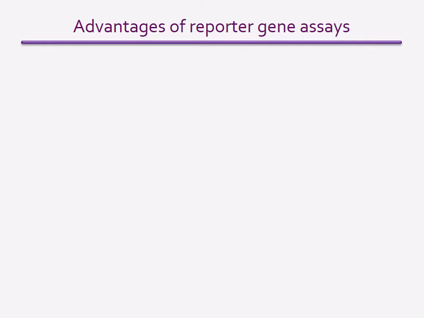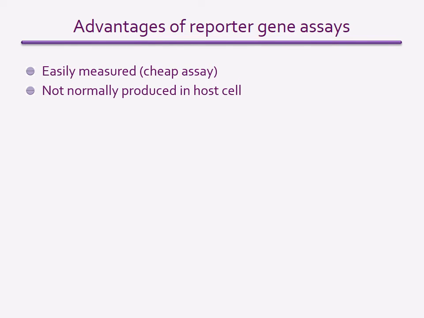Reporter gene assays are widely used in drug discovery because they produce signals that are easily measured. And because cells don't normally produce this type of molecule, there is no risk of mistaking the signal. Because the reporter protein is synthesized only when the target is stimulated, the signal is very stable and reliable.